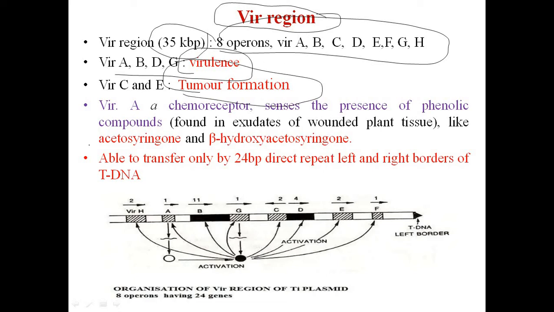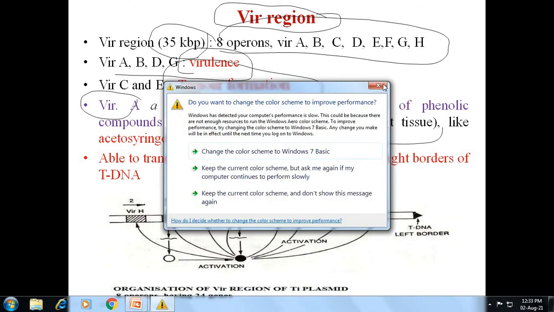Of these 8 operons, VirA is a chemoreceptor that senses the presence of phenolic compounds. Whenever the plant is wounded, phenolic compounds are secreted by the plant tissue, and they are identified by the VirA region.